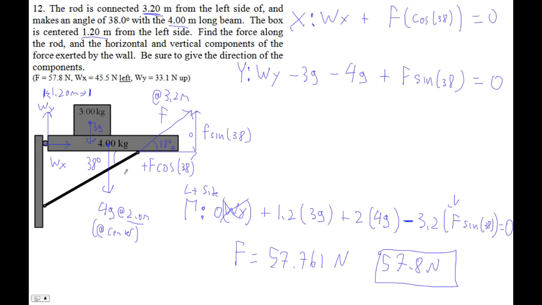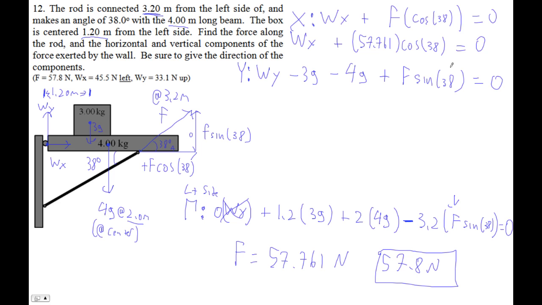And like a tension, a strut can only push. I guess it could pull too, couldn't it? Yeah, anyway. But we definitely know that that thing's got to push in that direction. So now let's set this up. Let's go wall in the x direction. We'll substitute 57.761 for that. So wall in the x plus 57.761 cos 38 is 0.